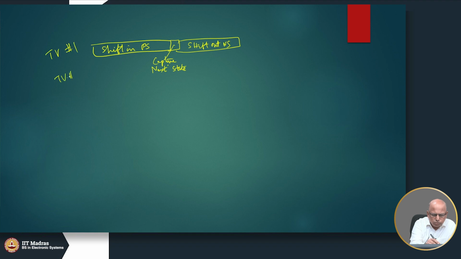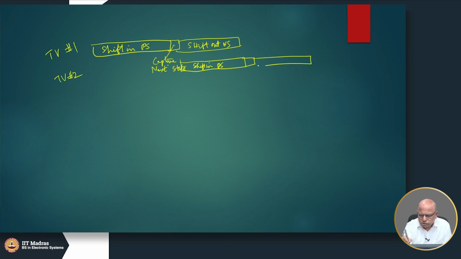Test vector number 2, you could start from here and say, look, I will start the shift operation here, etc. But you can be smart. Okay. You can say, look, when I am shifting out the next state, I might as well shift in the previous state. Then capture, shift out.